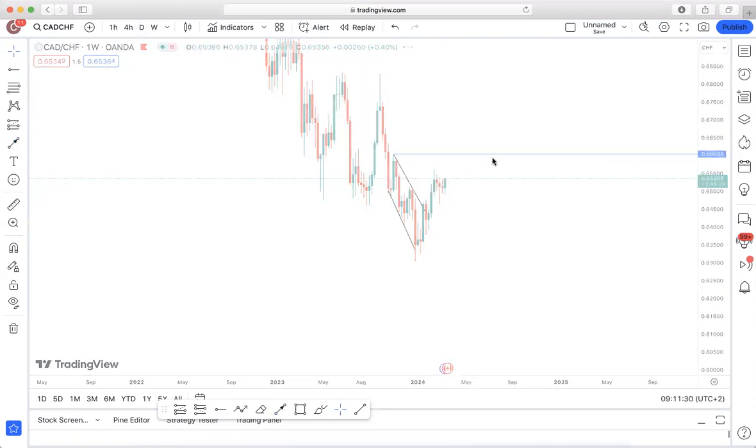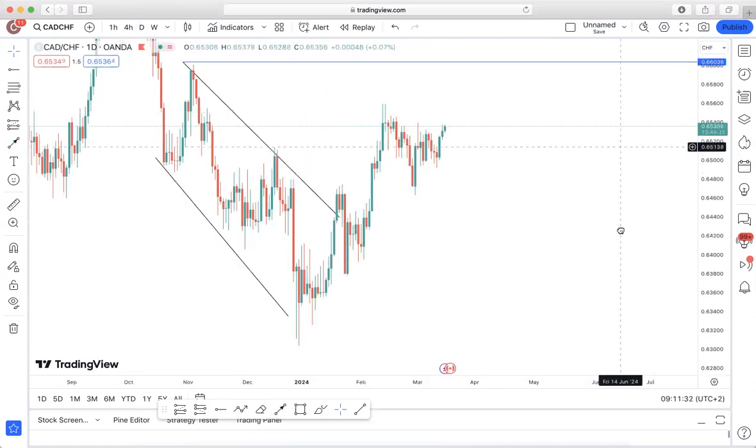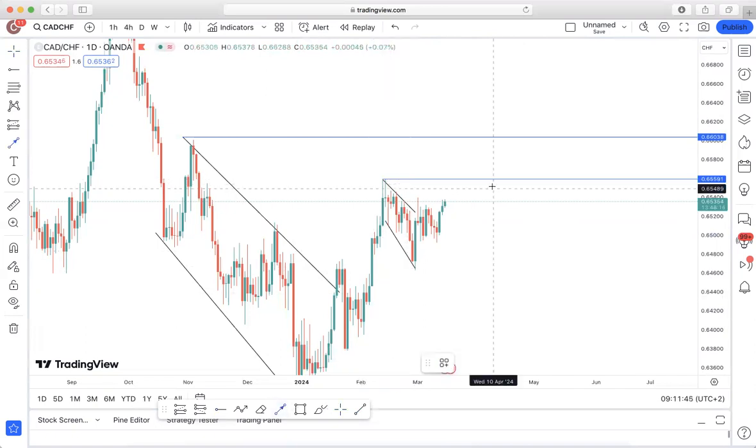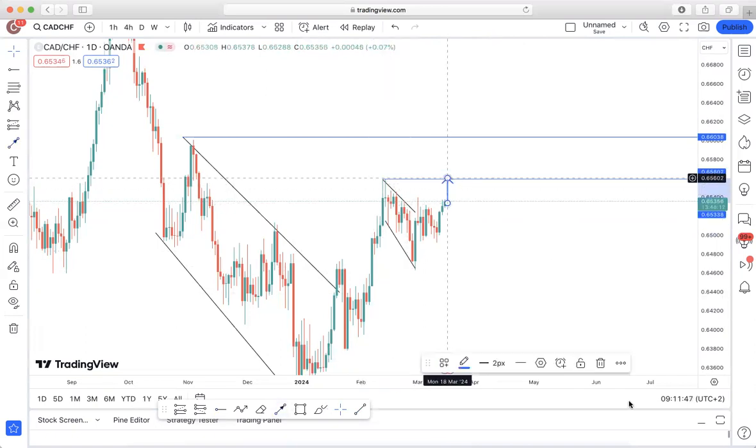And now jump on to our daily time frame. What are we seeing in the daily? Price giving us this continuation pattern from the breakout, target all the way to the upside. So this has a higher probability of continuing to climb up.